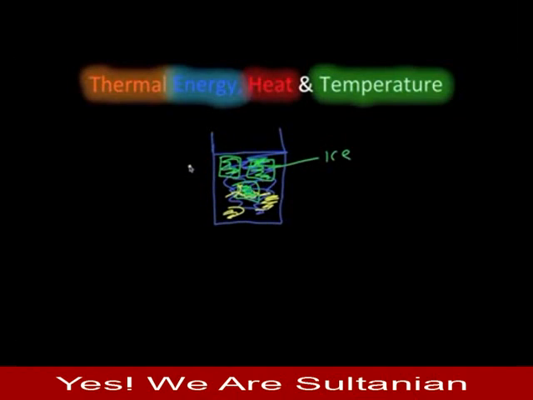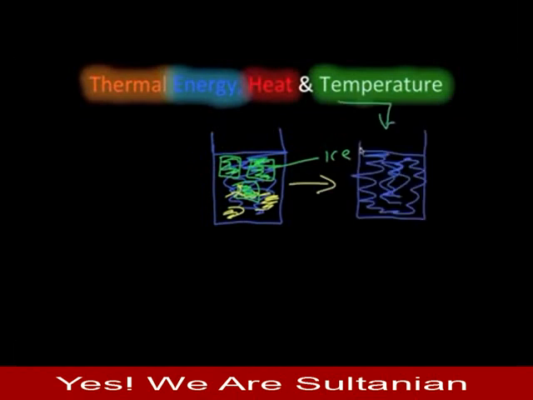So in the end, the temperature of the liquid water will be lower. So the average kinetic energy has dropped because you've mixed together the ice, which has a lower average kinetic energy or temperature, with the water, which had a higher average kinetic energy or temperature.